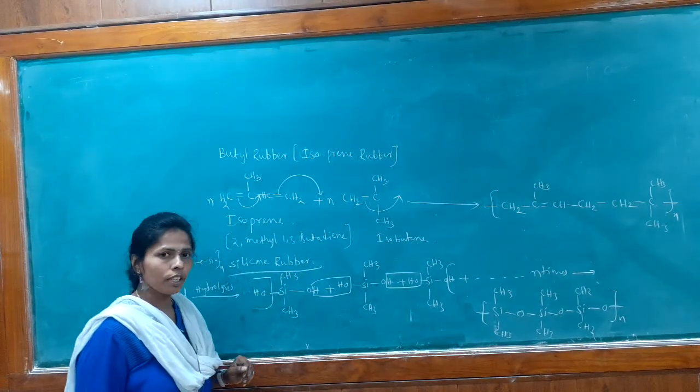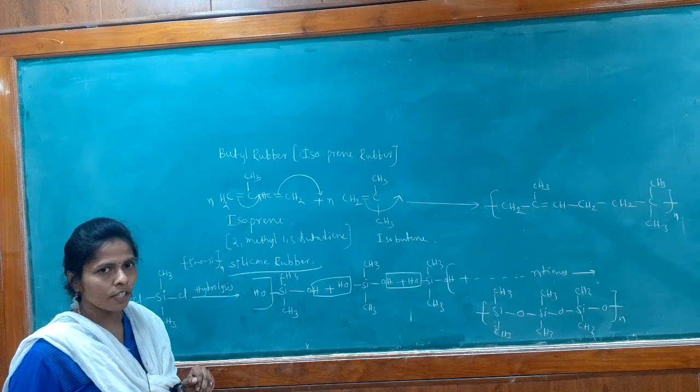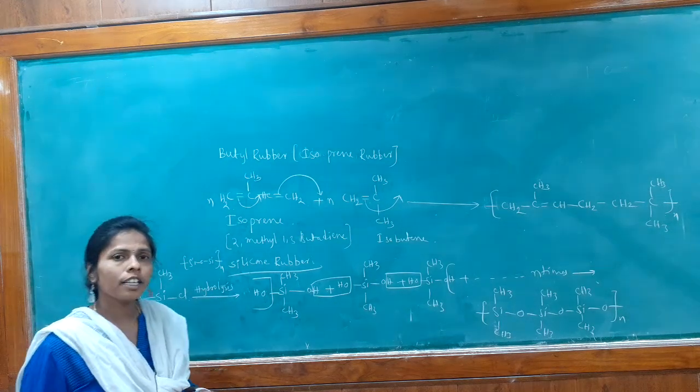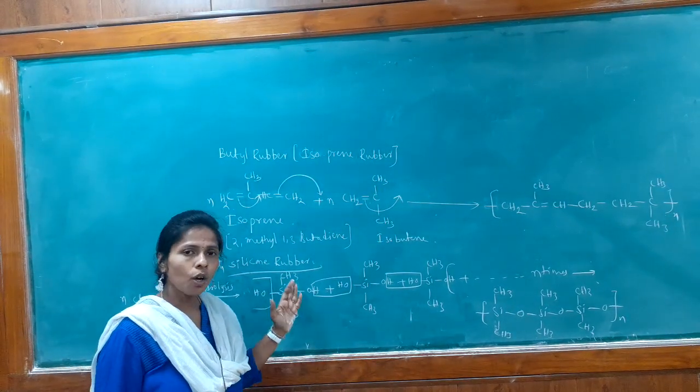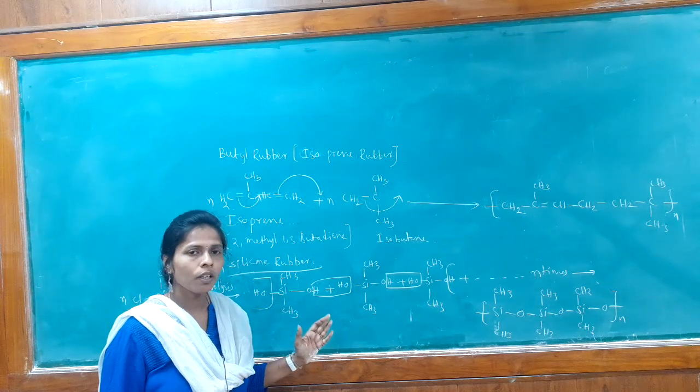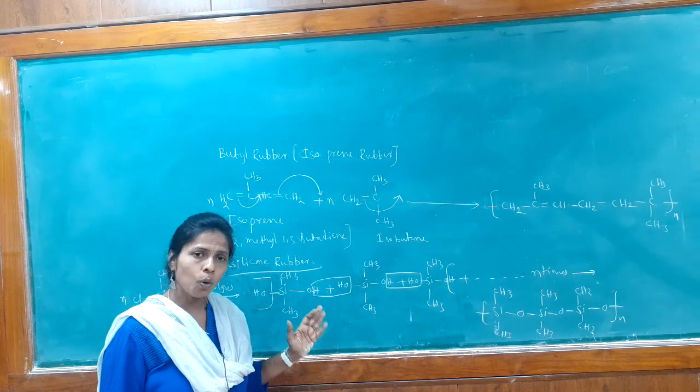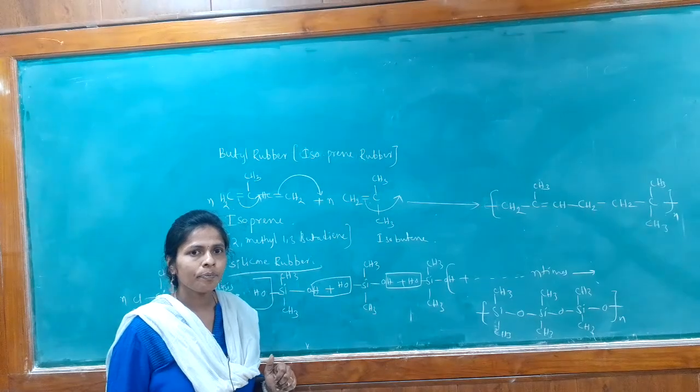So, now let us see what are the properties and applications of the silicone rubber. Same like the remaining rubbers, it is also highly resistant to oxygen, ozone and the acids.